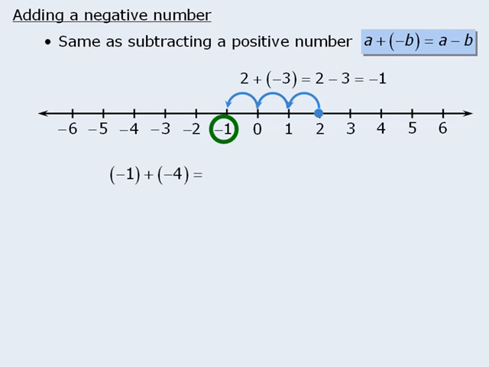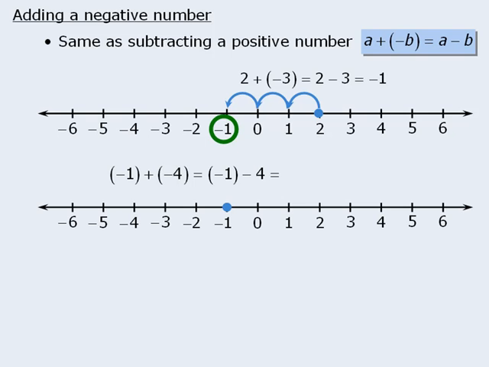Similarly, to evaluate negative 1 plus negative 4, we first rewrite this as negative 1 minus 4. Then we begin at the first number, which is negative 1, and move 4 spaces to the left to end at negative 5. So negative 1 plus negative 4 is the same as negative 1 minus 4, which equals negative 5.